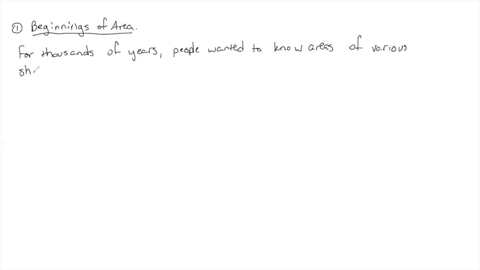Sort of a natural question, especially if you're trying to build a farm and you're trying to maximize the amount of crops that you can put on it, or minimize a fence around a certain thing, things like this. So these are natural questions, and the easy ones were found first.